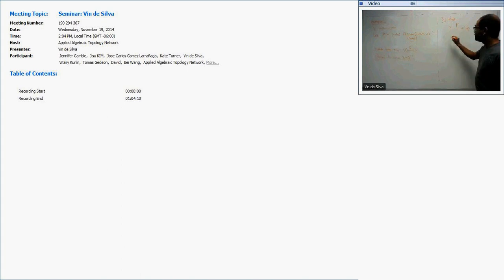So I say for every open set U, the F inverse of U is a topological space. Now notice that if U is contained in V, this pullback or pre-image, F inverse of U, is included in F inverse of V. Okay?